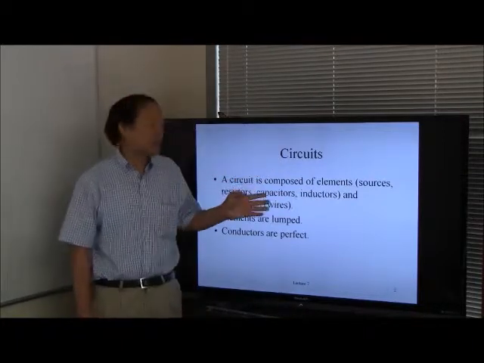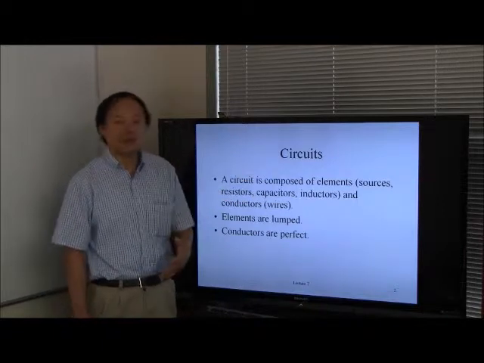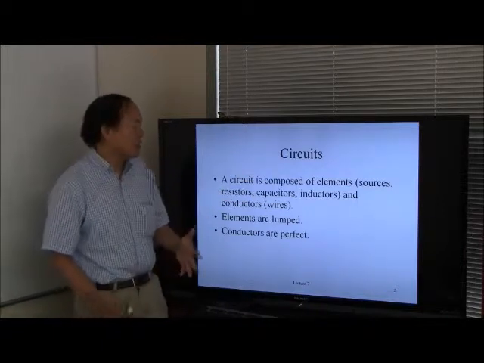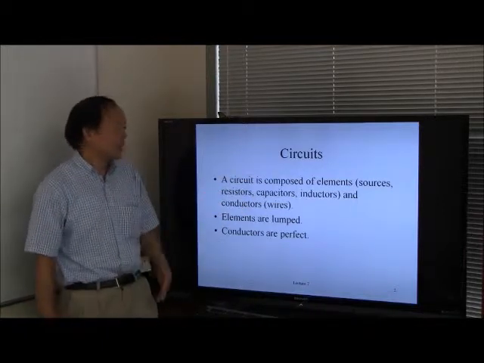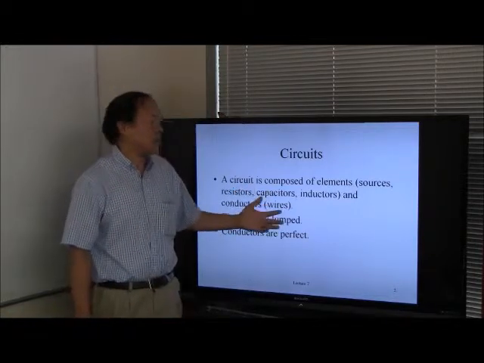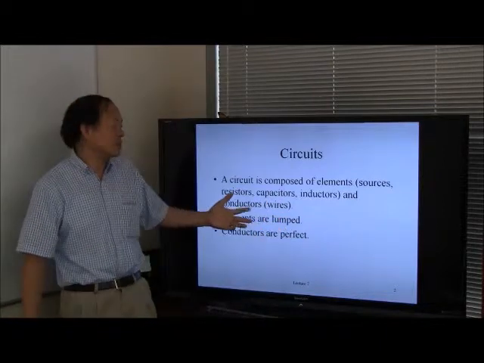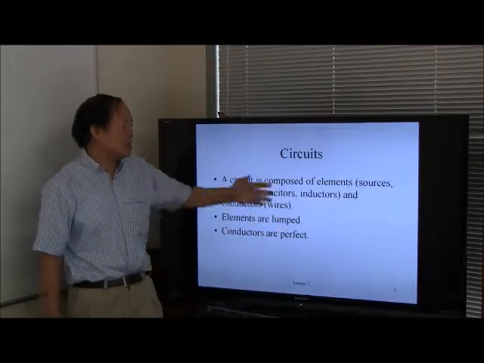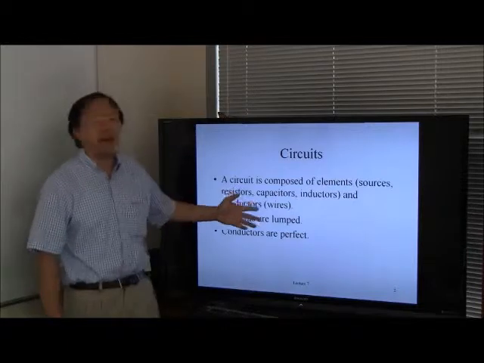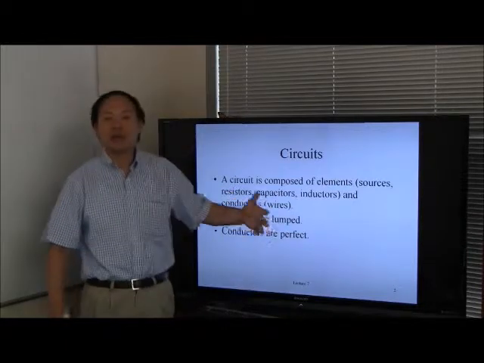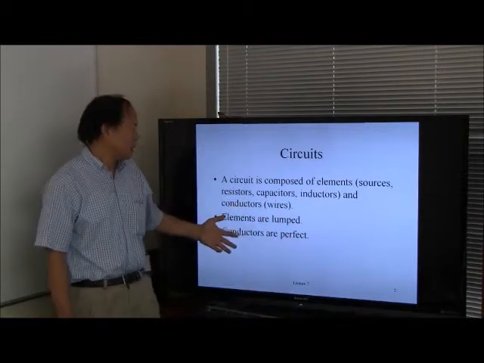A circuit basically is composed of elements, and these elements can be power sources, resistors, capacitors, inductors, operational amplifiers, diodes, and things of that sort. Now these elements are connected by wires. The wires are conductors of electricity.